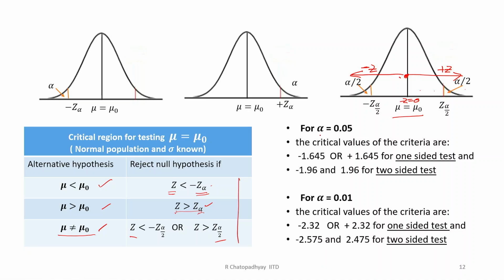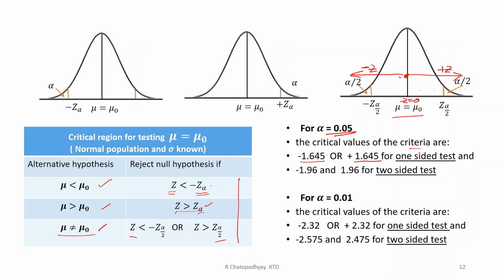For two different values of alpha, the critical values of the criteria are, when alpha is 0.05, Z value will be minus 1.645 or plus 1.645. This is available from the table.